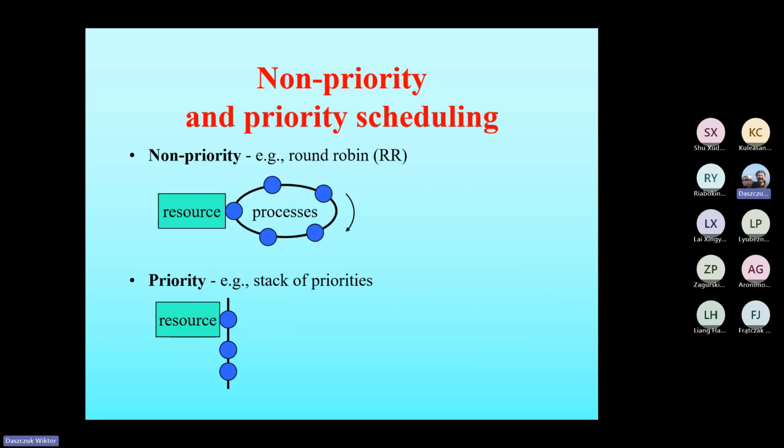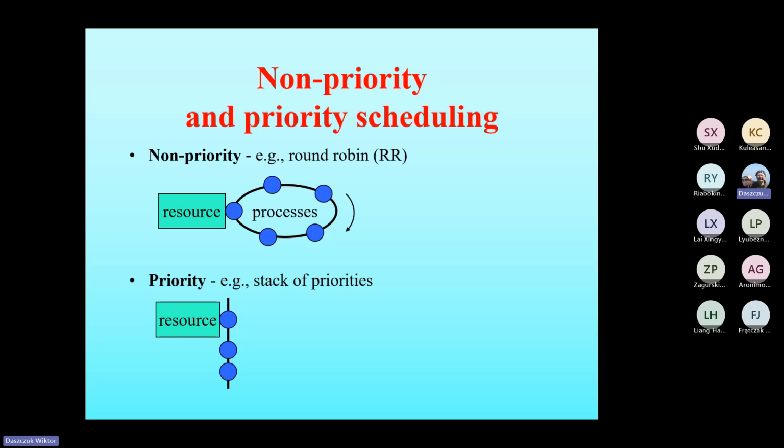These are not rules, but algorithms, some typical algorithms used in operating systems for non-priority and priority scheduling. For non-priority, the round robin algorithm is typical. We give the resource to the process.